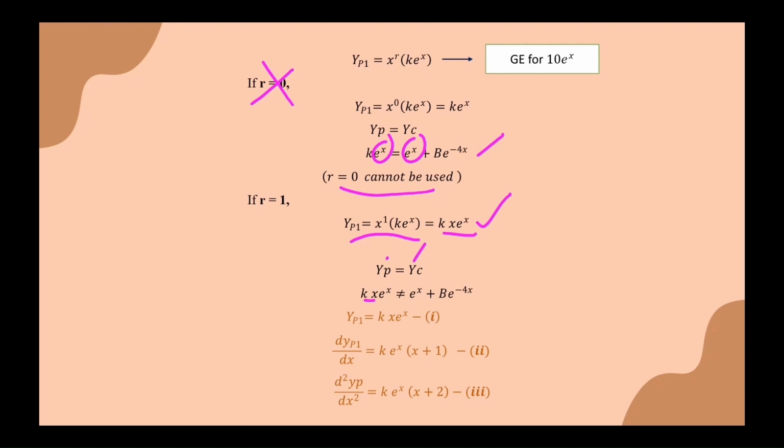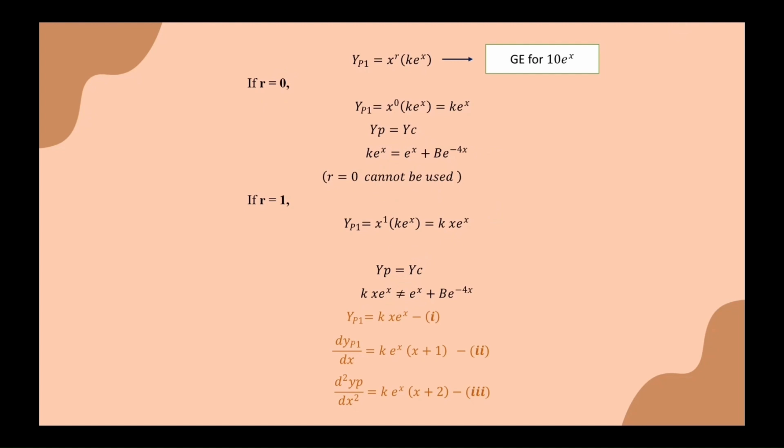Well, I can see that the equation is not the same right here. Here we have x e^x, and here we have e^x. Here also we have e^(-4x). So I don't see any similarities here, which means yp is not equal to yc.